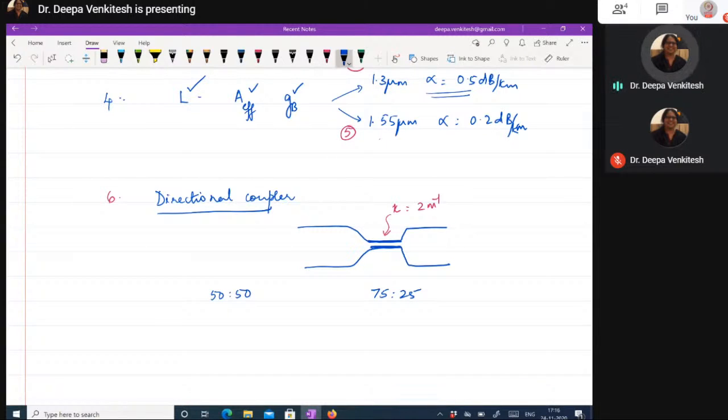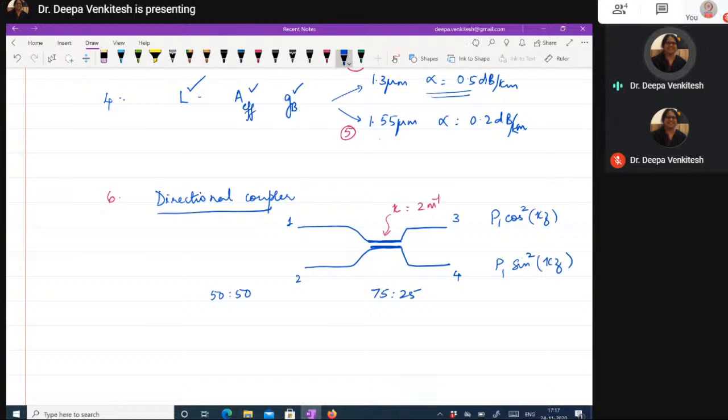In the class we derived that for the directional coupler, which has port 1, port 2, port 3 and port 4, port 3 has power P1 cos square kappa z, and port 4 has power P1 sine square kappa z. Kappa is given to you.